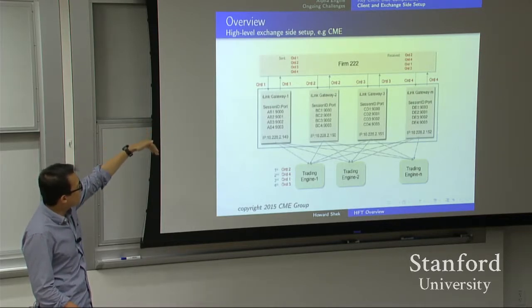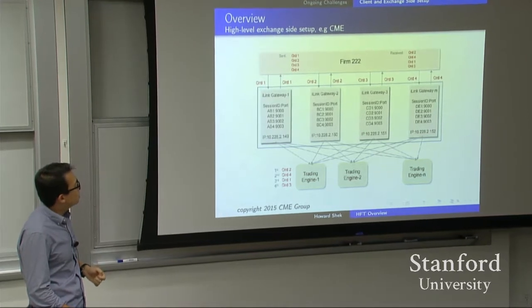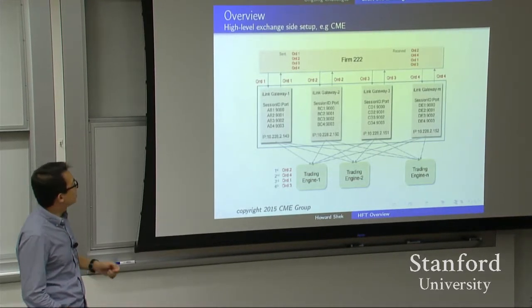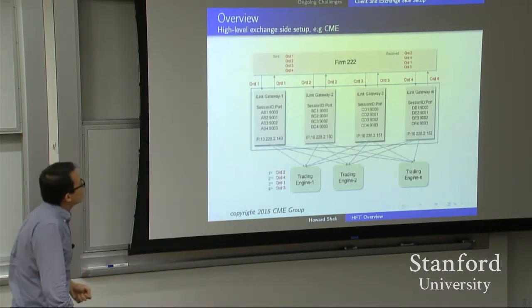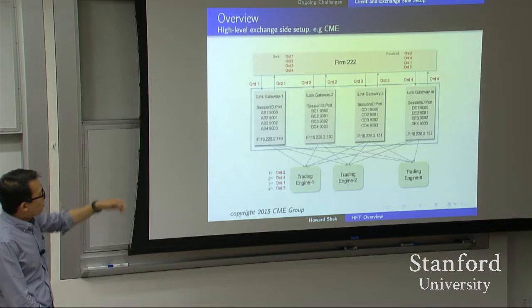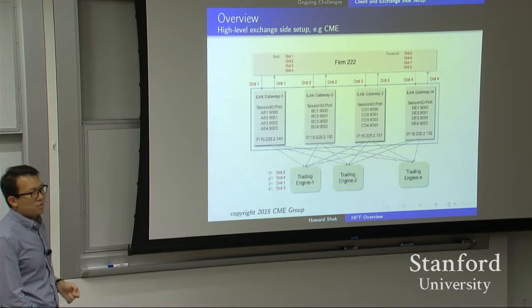It flows down to the second layer, which are the exchange gateways, and these are on the exchange side, and flows all the way down to the bottom where the matching actually takes place.